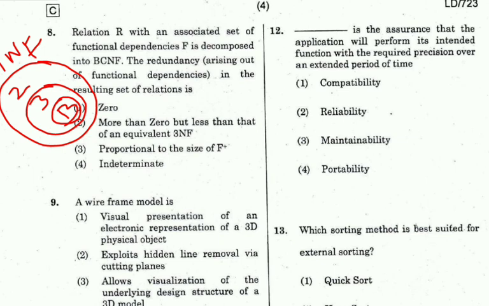This is the hierarchy followed in normalization. That means if your relation is in second normal form, then it must satisfy the first normal form. If it satisfies Boyce-Codd normal form, it must have satisfied the third normal form, and the third normal form has followed the second normal form.